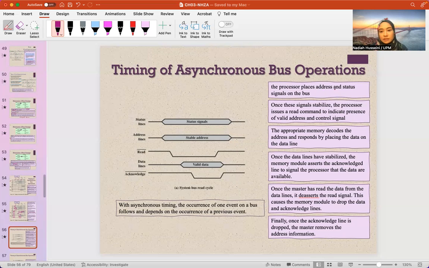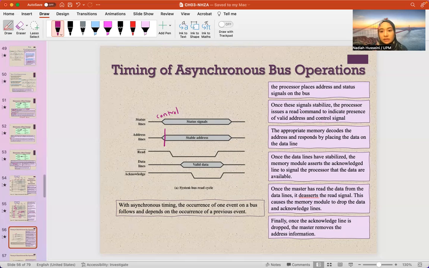So the processor places address and status signal on the bus. This is where it controls everything, and it puts the address in the address line.